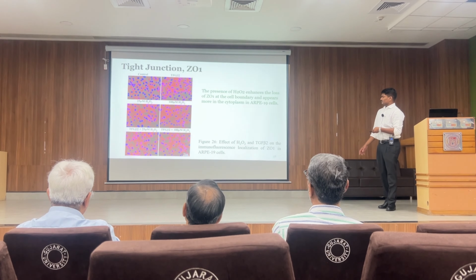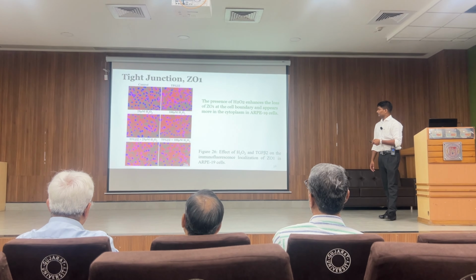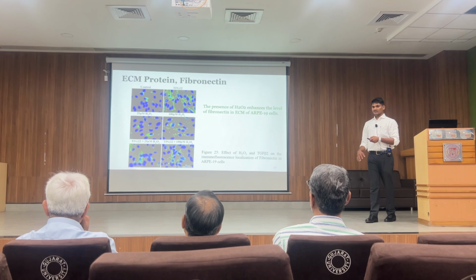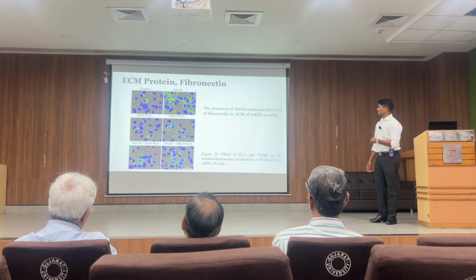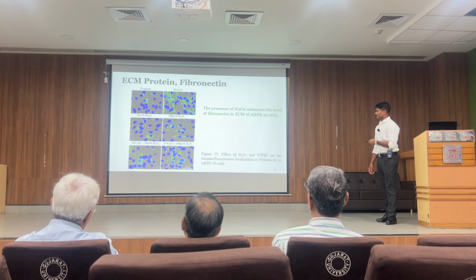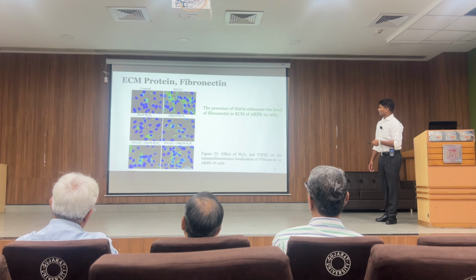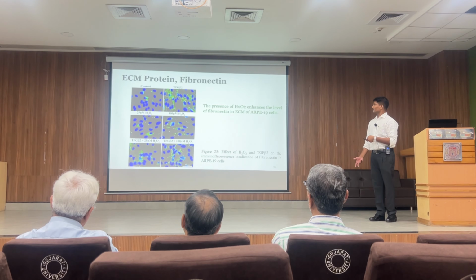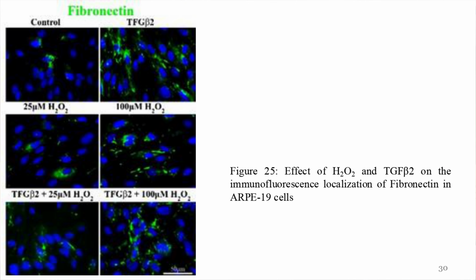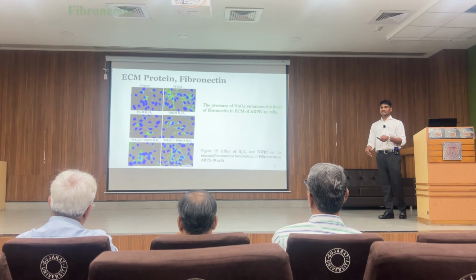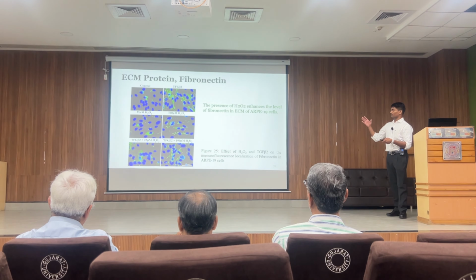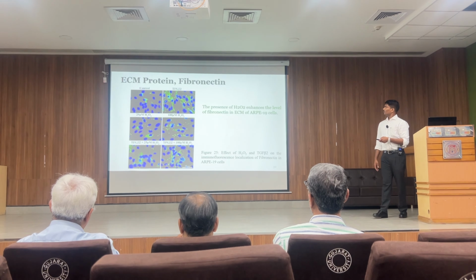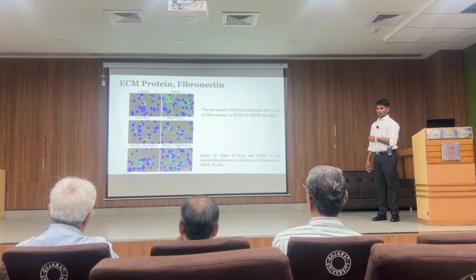In another way, we can also say that the fibronectin protein is a marker of mesenchymal cells, or an EMT marker. In these pictures, increased fluorescence is directly proportional to the amount of protein. So the fibronectin protein is found to be increased. It means that the cells are converted into mesenchymal cells.